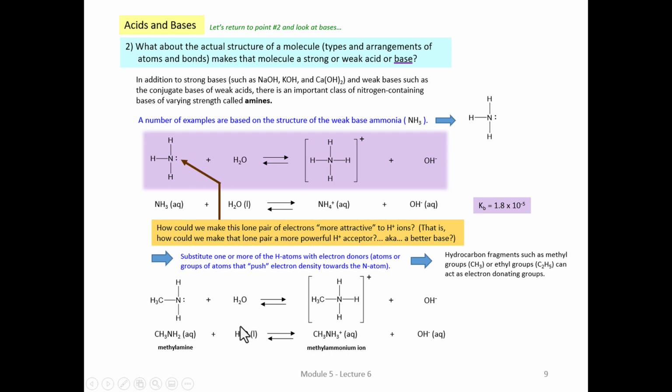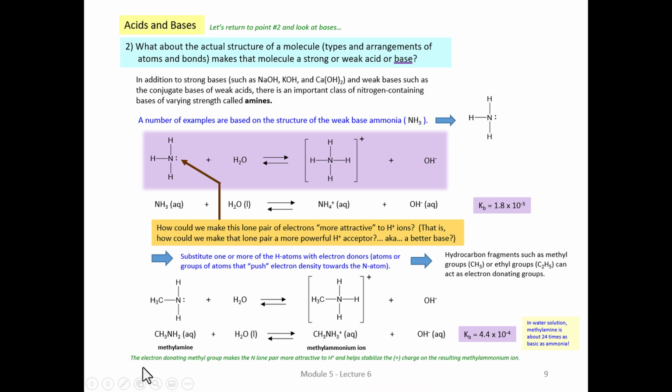That's the result of abstracting an H plus from water, resulting in a hydroxide in a basic solution. The Kb of methylamine is 4.4 times 10 to the minus 4. So it is a stronger weak base than simply ammonia. In fact, in water solution, methylamine is about 24 times as basic as ammonia.